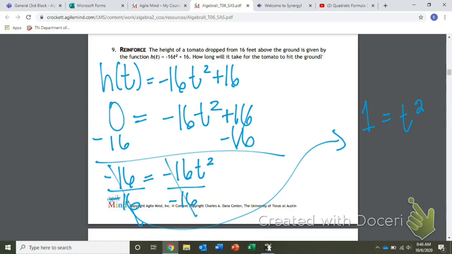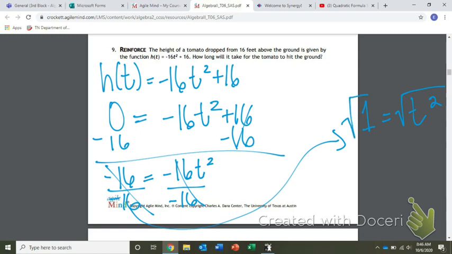When you take the square root, because we have to get rid of the square, take the square root of both sides.